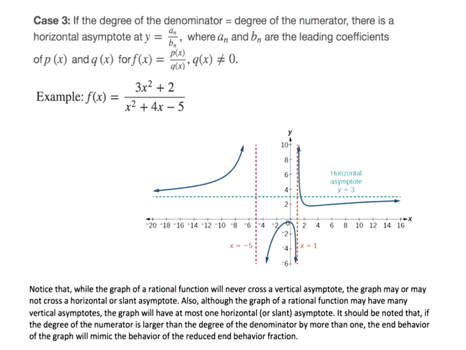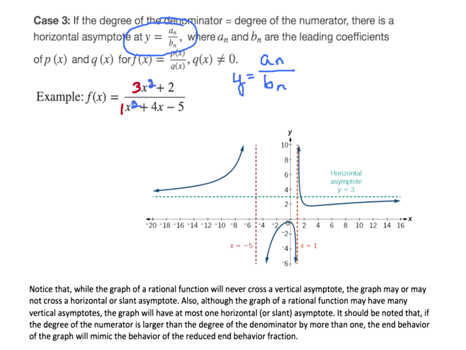And the last case we have to look at with horizontal or slant asymptote, when the degree of the numerator is equal to the degree of the denominator. We have an asymptote at the line y equals the leading coefficient of the numerator divided by the leading coefficient of the denominator. So in this case, the leading coefficient of the numerator is 3.